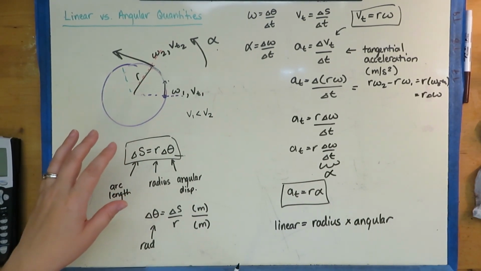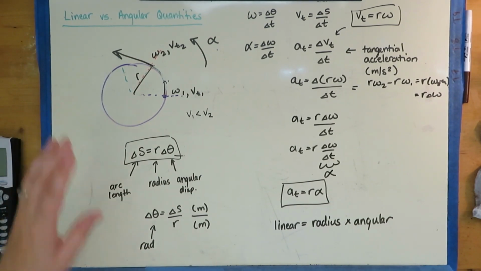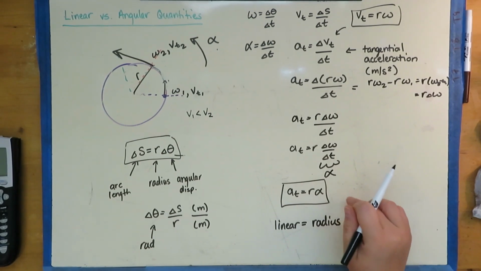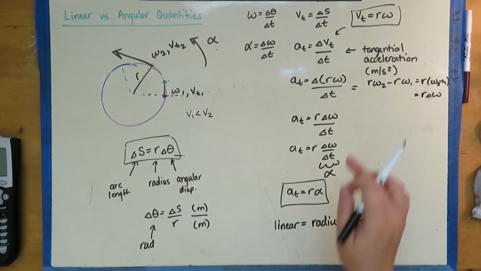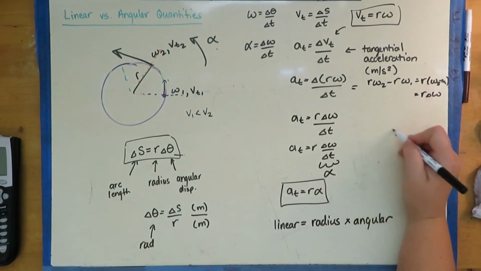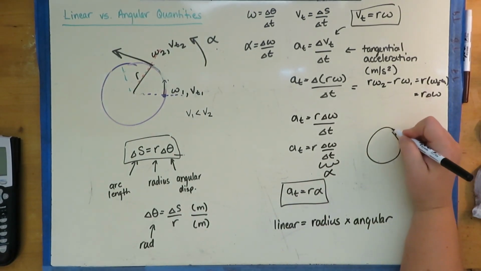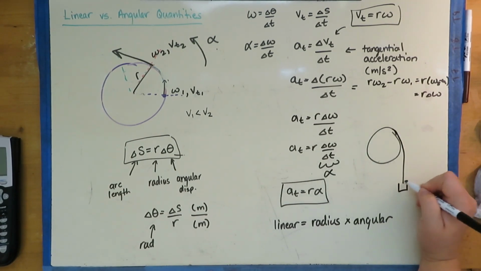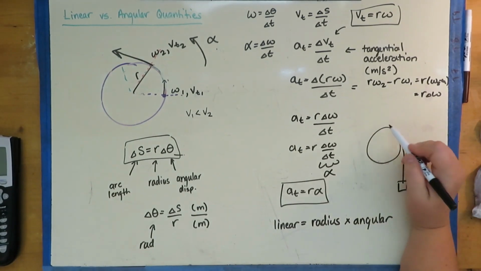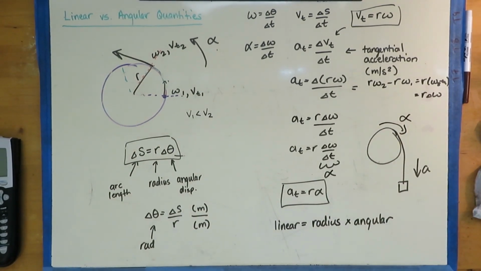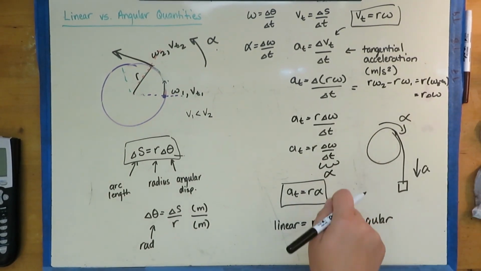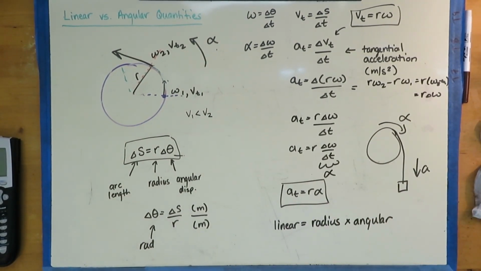And what do you know? None of those equations are on your AP Physics 1 formula sheet. That's really rough, because these are really important. You will use these all the time because these are the link between our linear and rotational quantities. For example, if I have a pulley with a string attached to it, and a linear acceleration of my block as it falls, causing my pulley to rotate, there is a link between this linear acceleration and the angular acceleration, and it is this equation, but they don't give that for you.